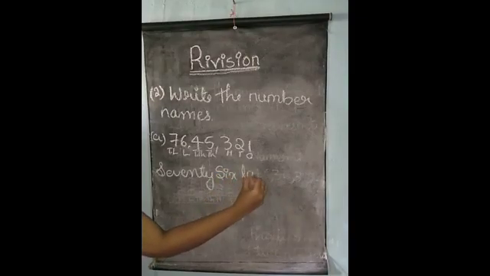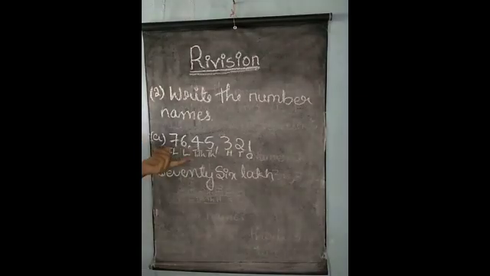76 lakh. The next digit, which is in 10,000 place, is a 4. 4 at 10,000 and 5 at 1000 place. While reading a numeral, all digits in the same period are read together and the name of the period is read along with them.